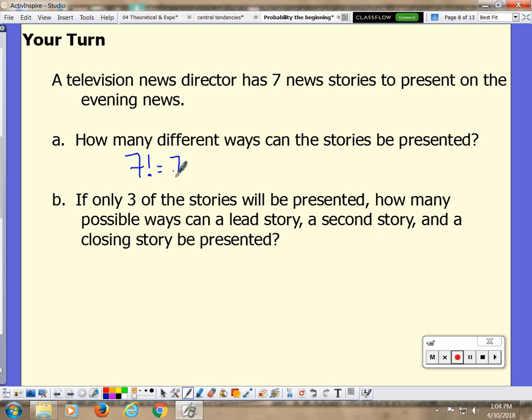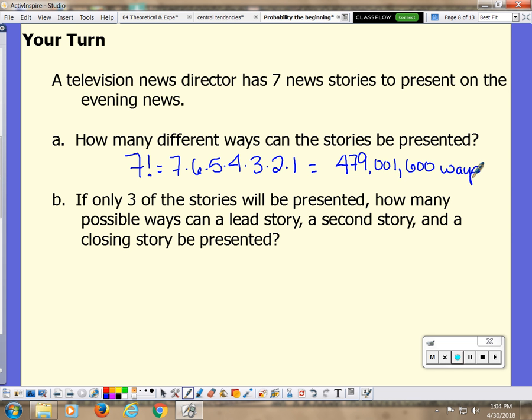So that's 7 times 6 times 5 times 4 times 3 times 2 times 1. And when I put that in my calculator and multiply that all out, there are 5,040 different ways I can order those 7 stories.